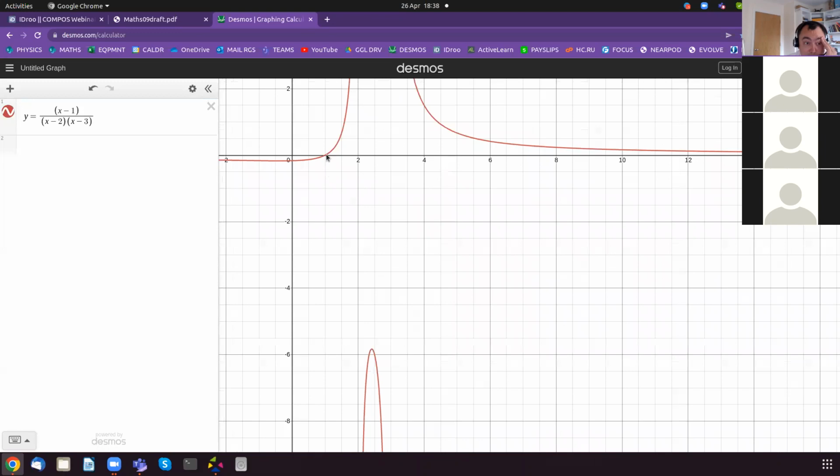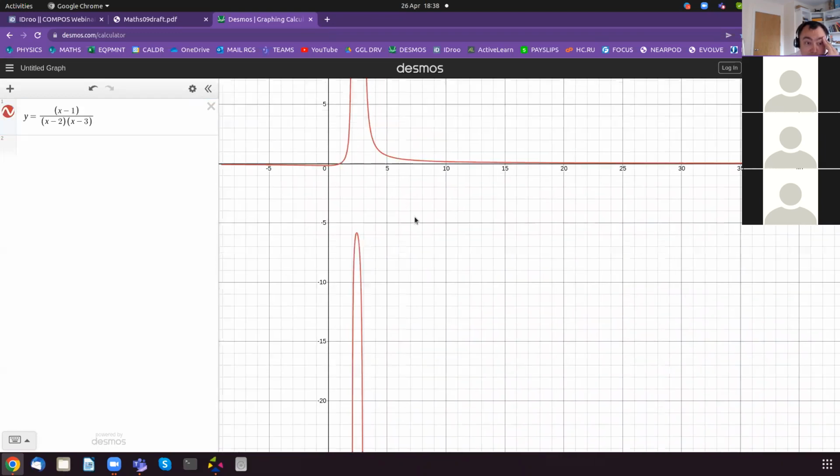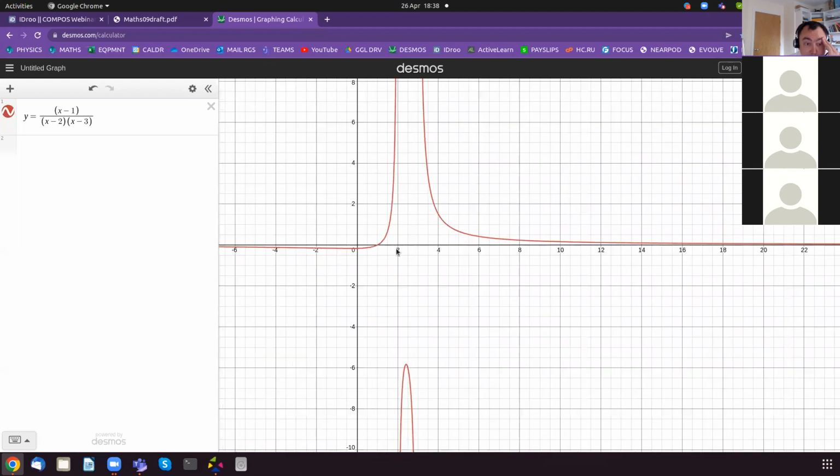Now, you can see that it intersects at point 1. At point 2, it changes sign. At point 2, from positive, it goes straight down to negative. And at point 3, it changes sign again. So between minus infinity and 1, it is negative. Between 1 and 2, it's positive. Between 2 and 3, it's negative. And between 3 and plus infinity, it's positive.